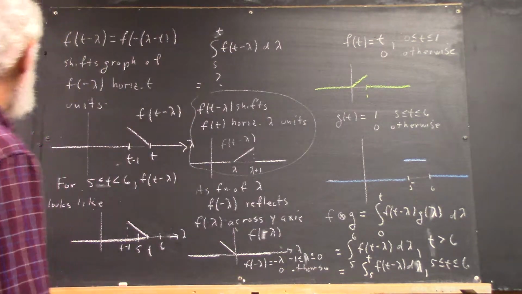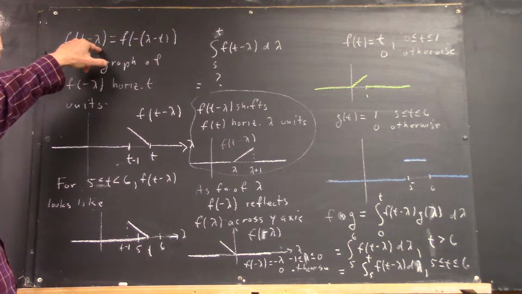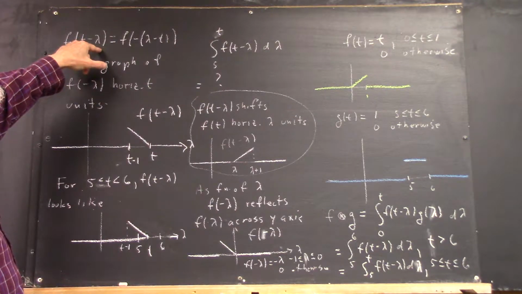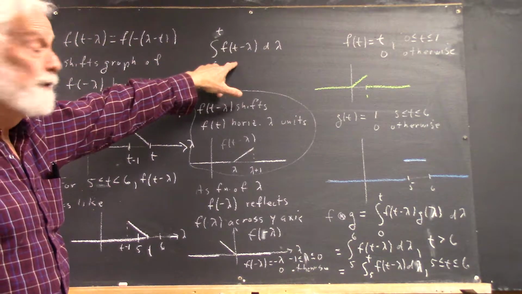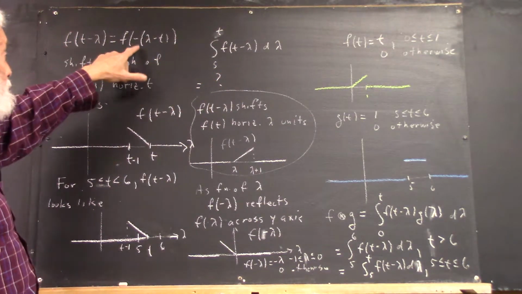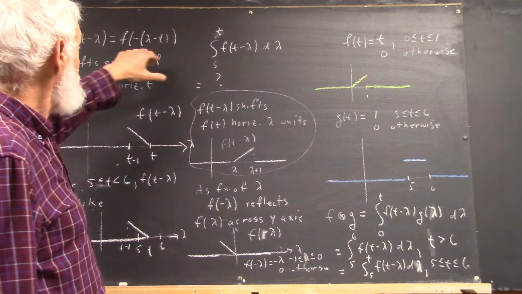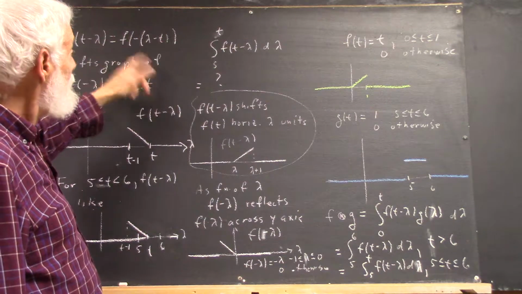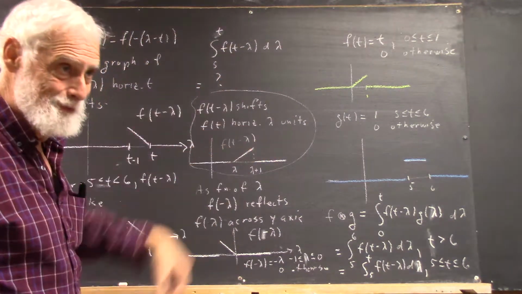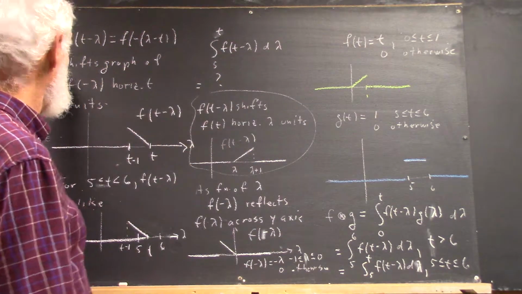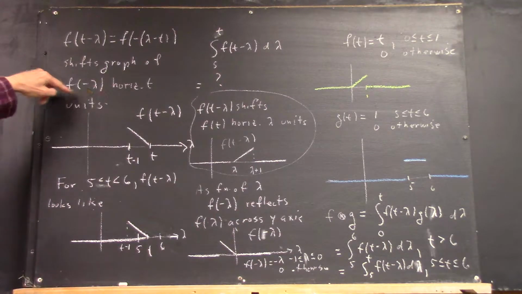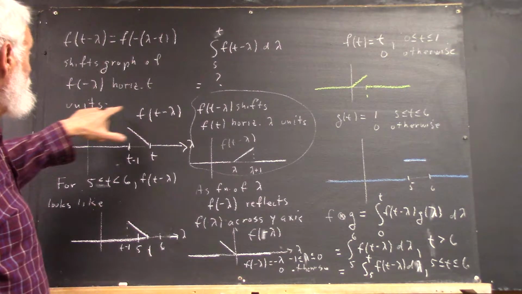Okay? Then f of t minus lambda, which is what we're integrating, is f of negative quantity lambda minus t. So that's like f of negative lambda shifted t units in the horizontal direction. Okay? Graph of f of negative lambda shifts horizontally t units.